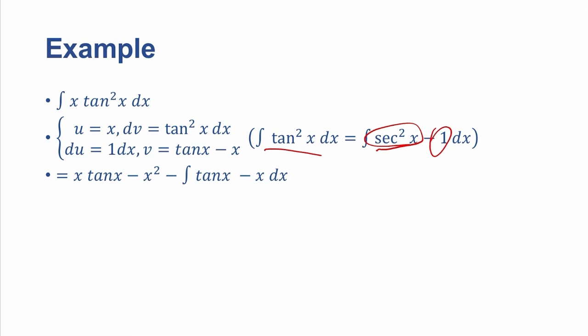Right, we want to integrate tangent x. We remember this from the last video. When we integrate tangent of x, we do a u substitution, setting u equal to cosine of x, and du equal to negative sine of x dx.